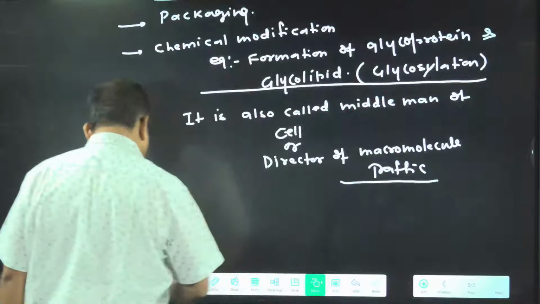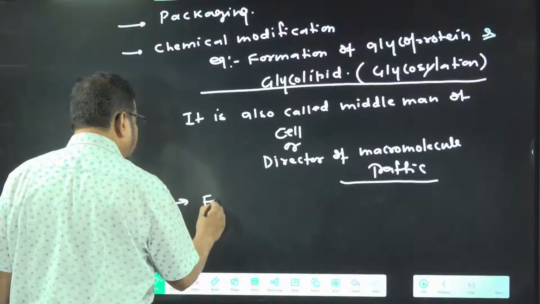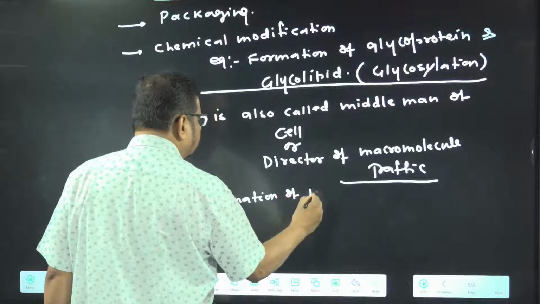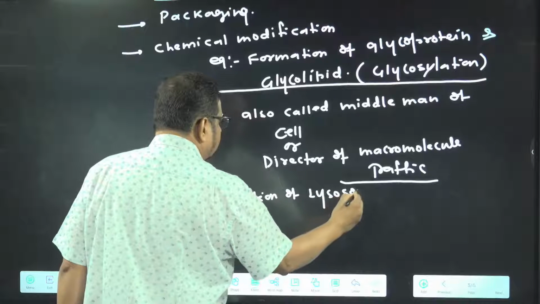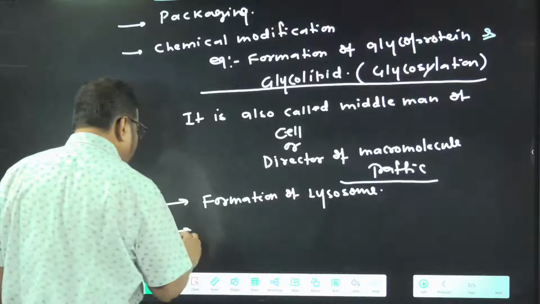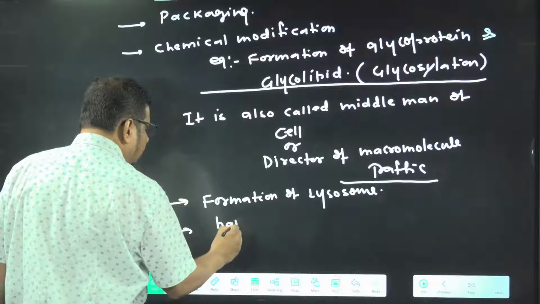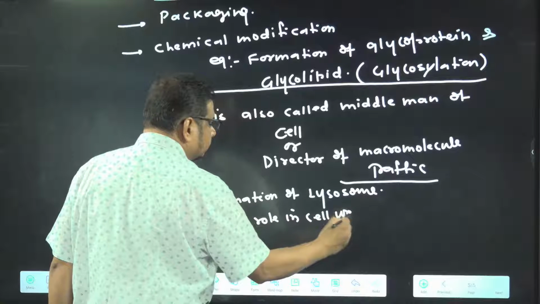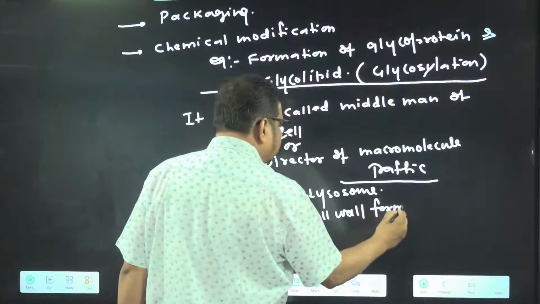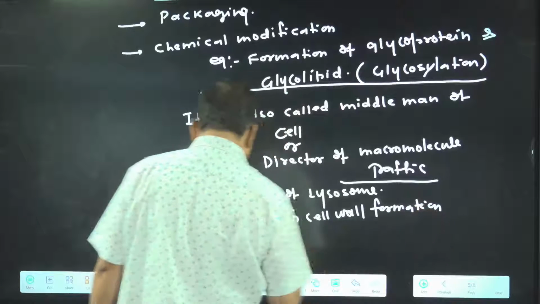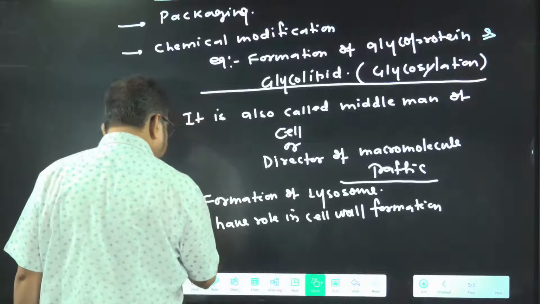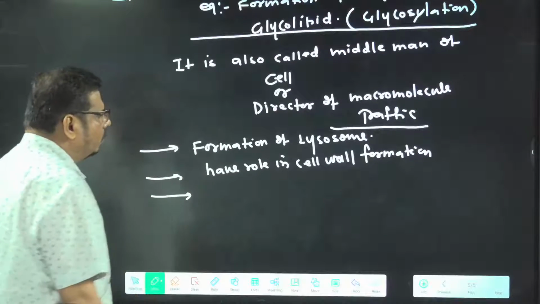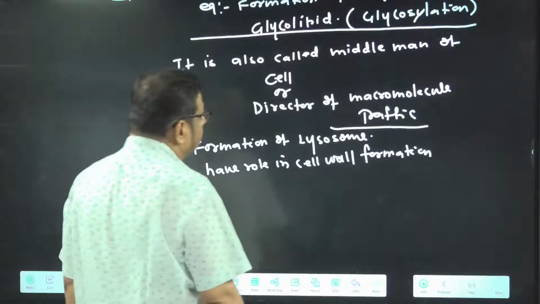Golgi body is associated with formation of lysosome. Formation of lysosome. Golgi body has a role in cell wall formation. Cell wall formation. Golgi body has a role in lysosome formation. I told Golgi body has a role in which one? Cell wall formation. Getting the things or not?